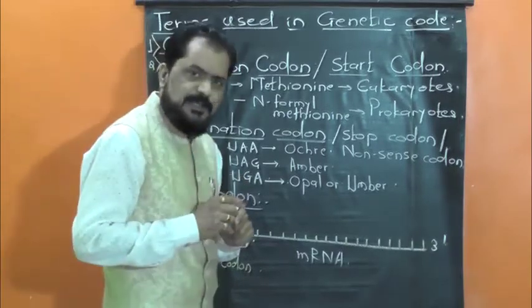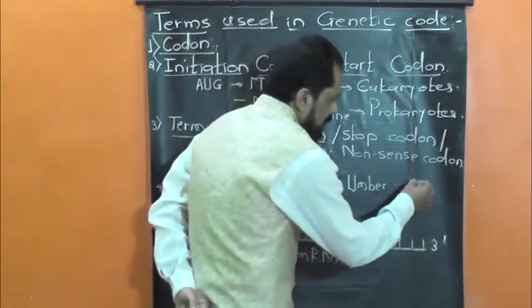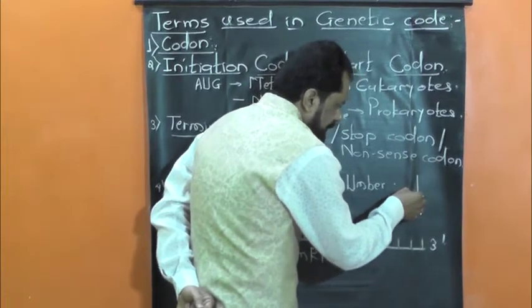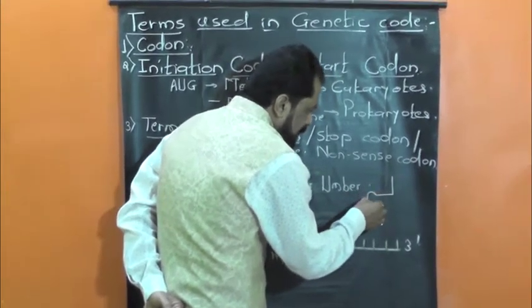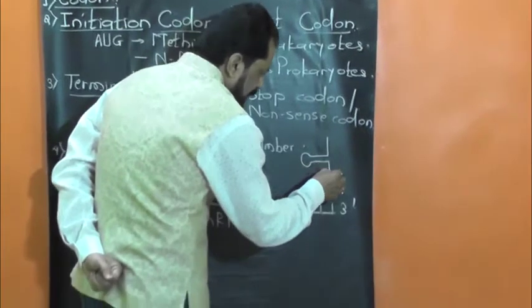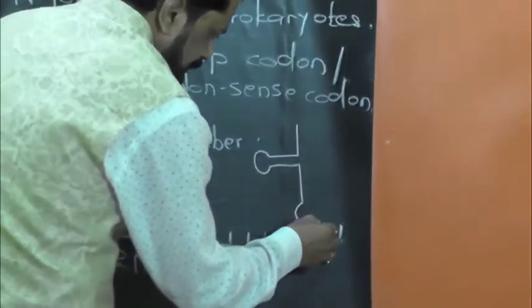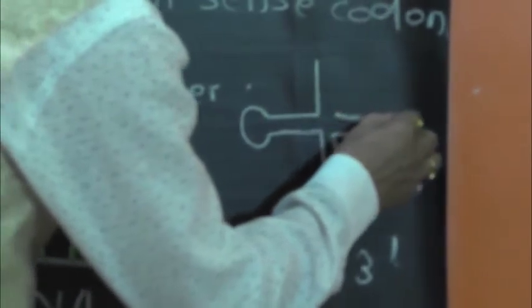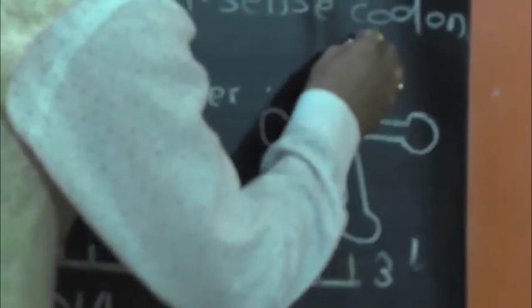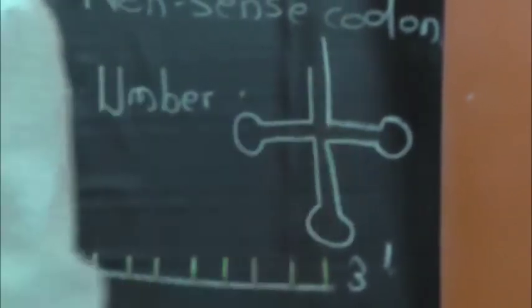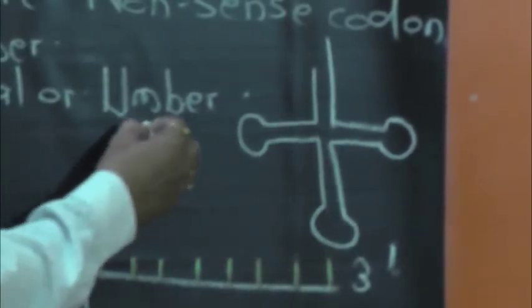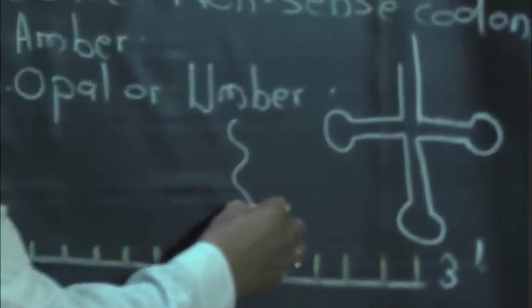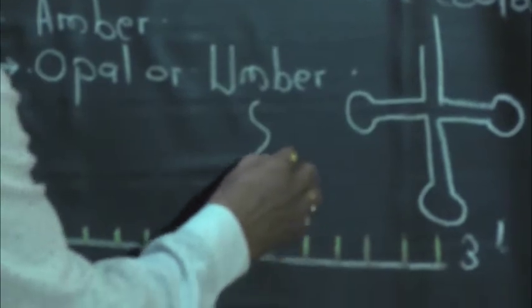Let me draw here a little diagram. Suppose I draw the trifoliate model of tRNA. The tRNA may appear in this form, or it may appear like this, the hairpin model.